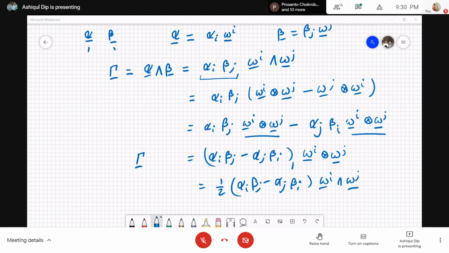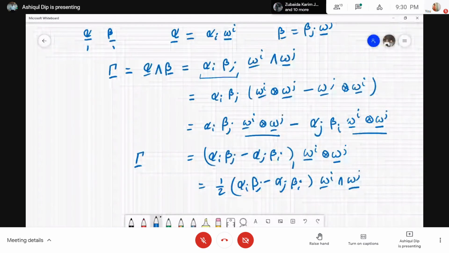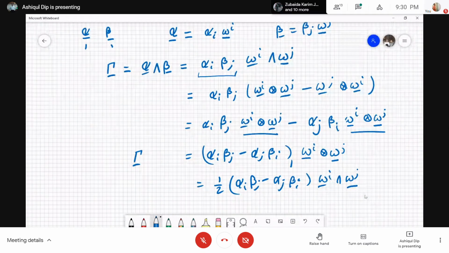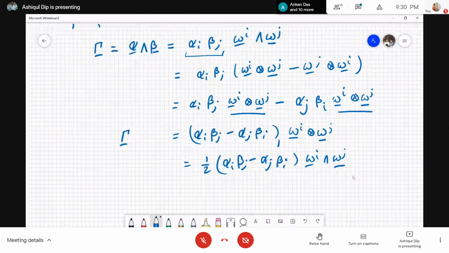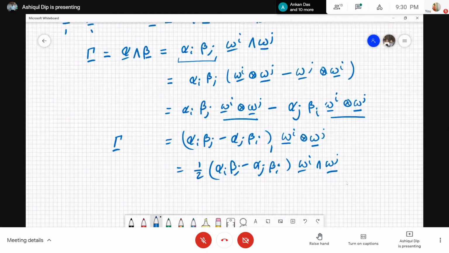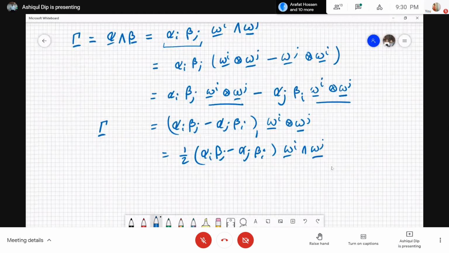I have a question. Okay, so we started with gamma is equal to alpha i beta j omega i wedge product omega j, and we finally found gamma is equal to half of alpha i beta j minus alpha j beta i omega i wedge omega j. So basically alpha i beta j is equal to half of alpha i beta j minus alpha j beta i, right?